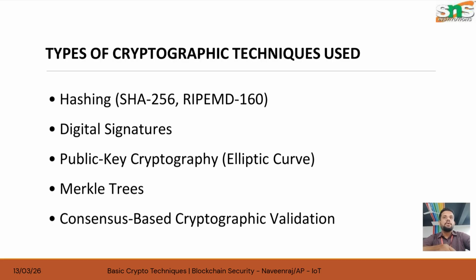Similarly, coming to the digital signature, we use the digital signature for authentication plus integrity purposes. Based on public key cryptography and similar mathematical algorithms, these are used for the digital signature process. The steps involved are: the user creates a transaction first, then the hash of the transaction is generated.